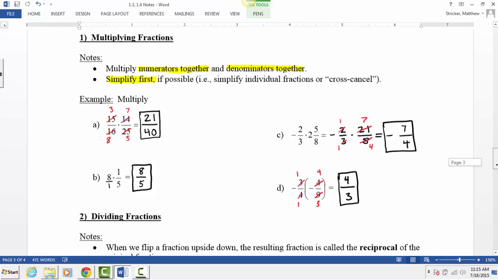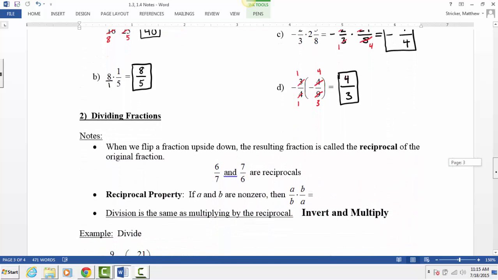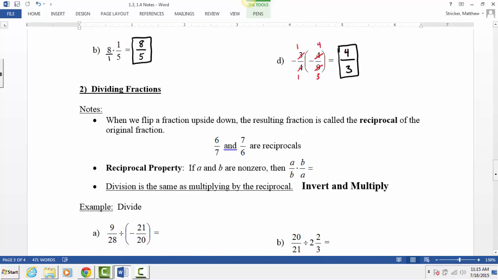Now dividing fractions is very similar to multiplying. In fact, multiplication and division are related. So a couple of notes here. When we flip a fraction upside down, the resulting fraction is called the reciprocal of the original fraction. For example, 6 over 7 and 7 over 6, notice they're flipped or inverted.